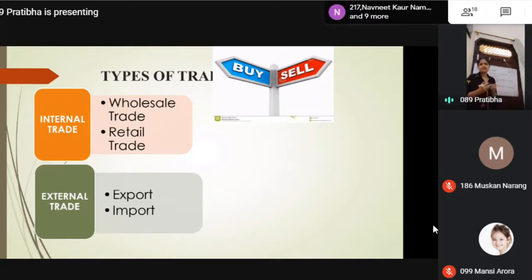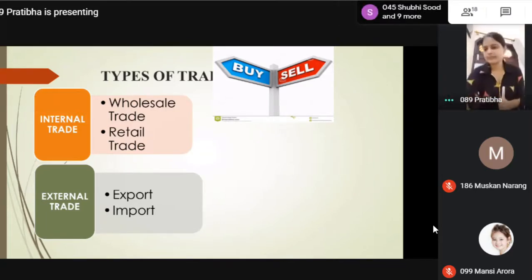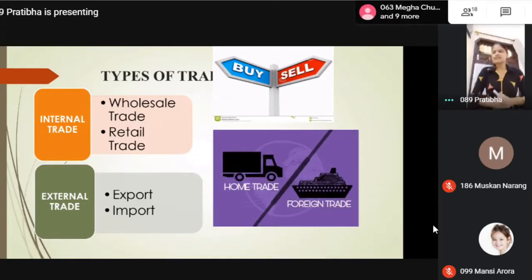It involves export and import. Export refers to sale of goods from one country to another, that means sale of goods from India to any other country like USA, New Zealand. And import refers to purchase of goods from another country. Students, internal trade is also known as home trade and external trade is also known as foreign trade.